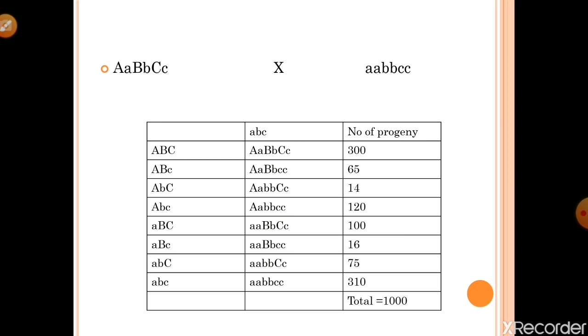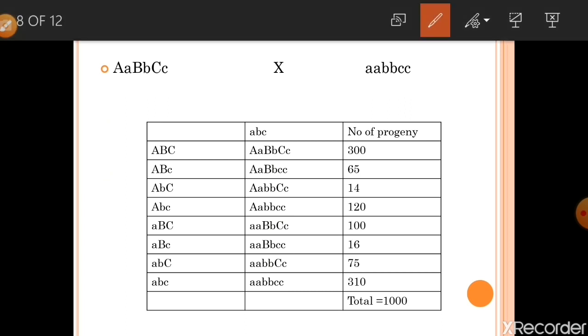Now what we have to do is compare the genotype of the progeny offspring with the parent.